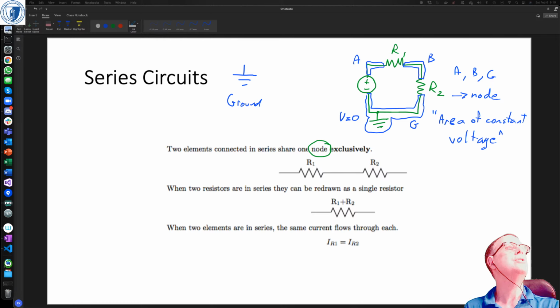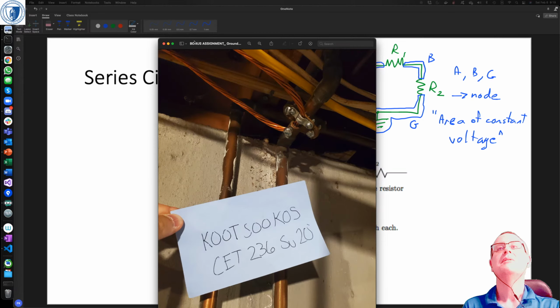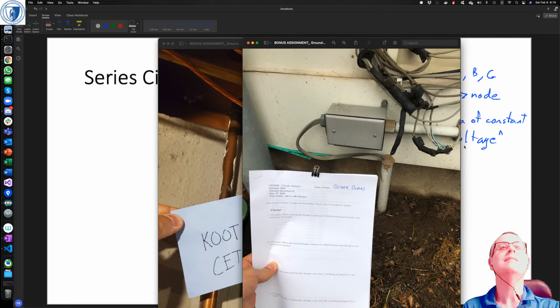Okay, what I want you to do is something like this, right? Take a picture with something that identifies that you've taken it recently, right? There's another one. That's that one. That one's a bit of a mess.